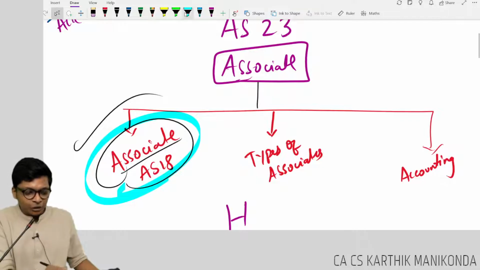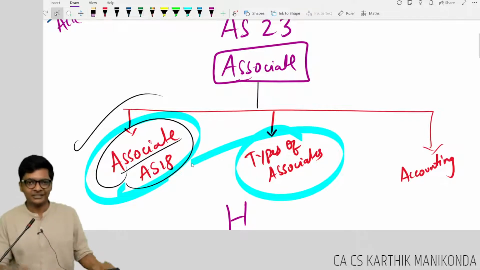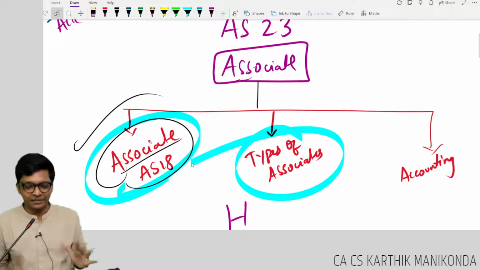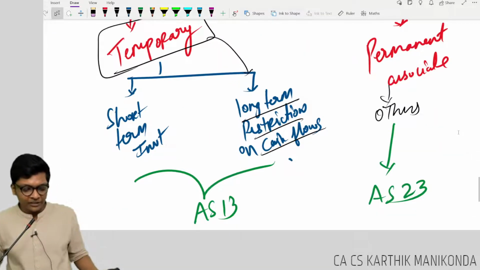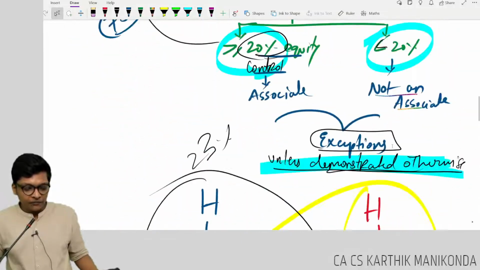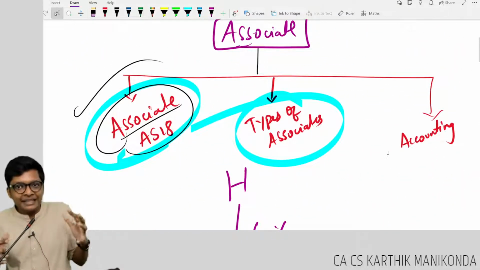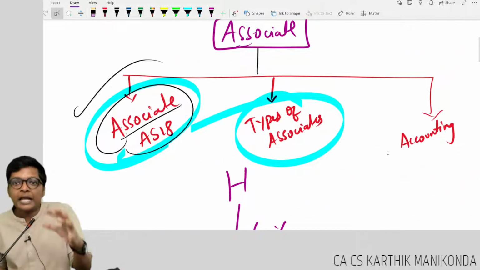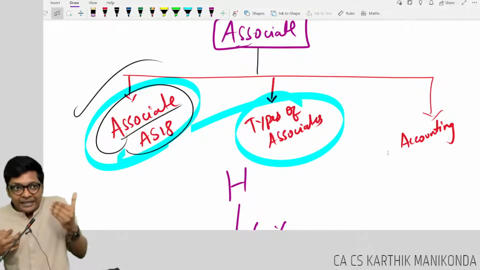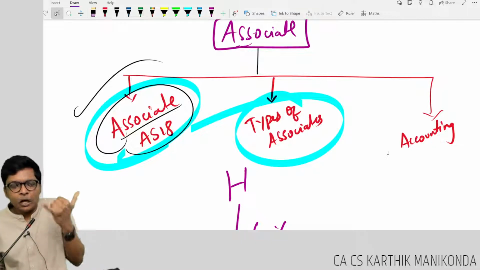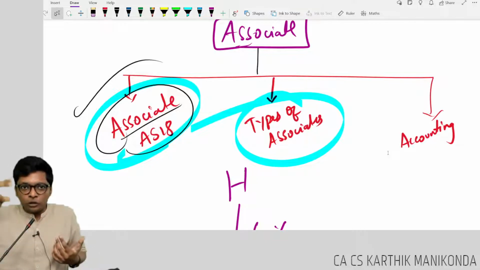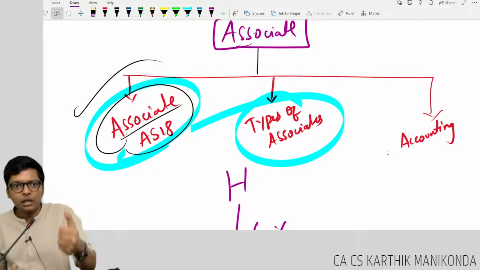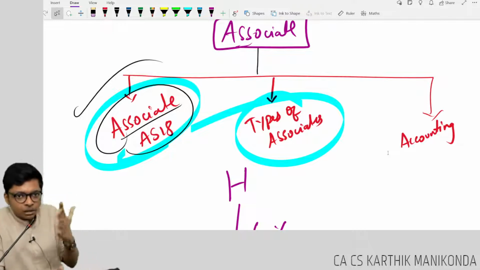Types of associate also is done. So for exam viewpoint, what should I remember, sir? Very simple. First thing that I am going to remember: an associate is an entity in which I have significant influence. Significant influence is the ability to participate in operating and financial decisions. How do I decide that? You have 20% or more of the equity, it becomes an associate. Less than 20%, no associate.